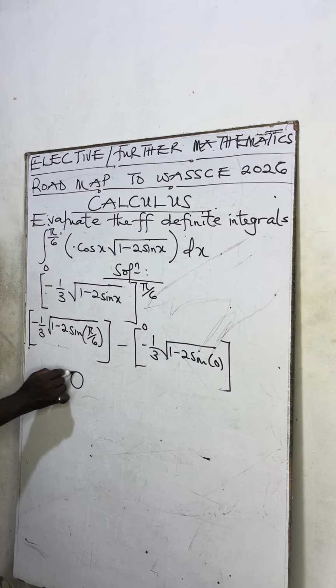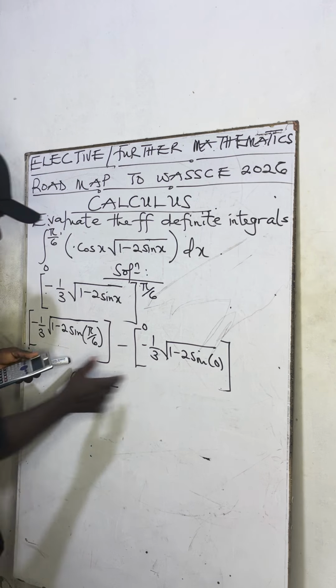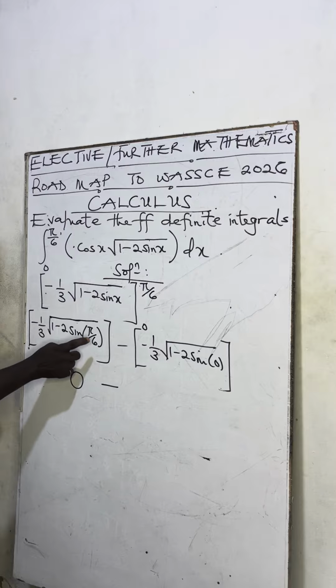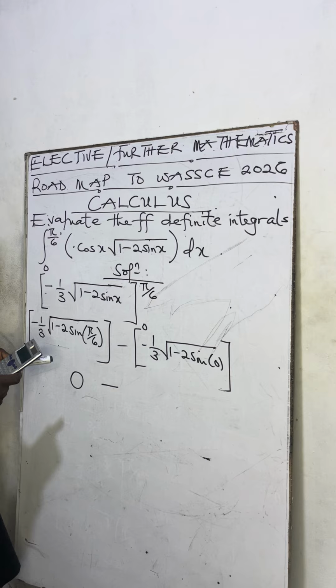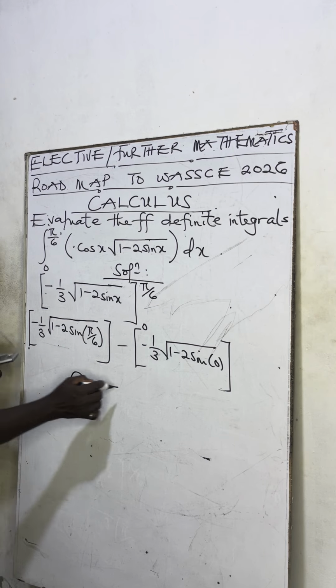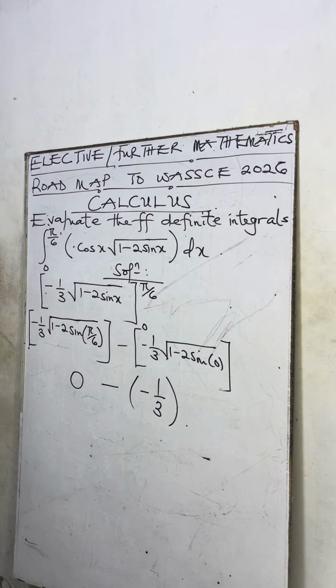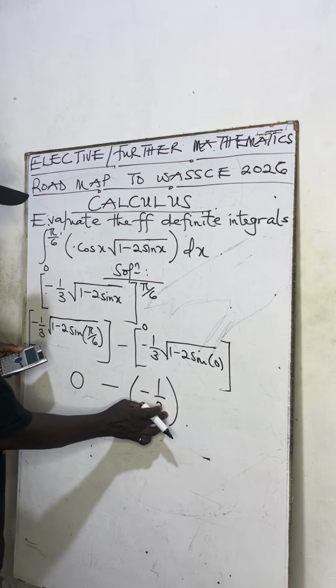Here I get 0. Minus, I punch the whole of this on the calculator also. Because I've punched it first, I just change the pi by 6 to 0. So 0, so I'll get negative 1/3.